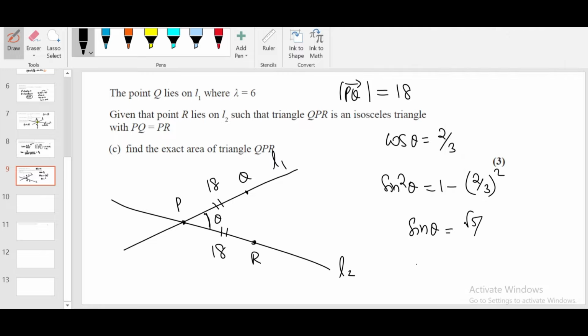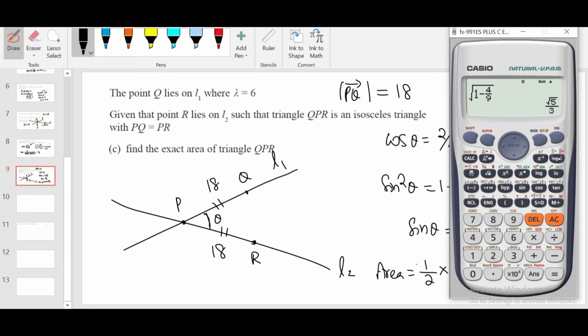Square root of 5 over 3. Now the area is half AB sin theta. So this answer times 18 square times half.